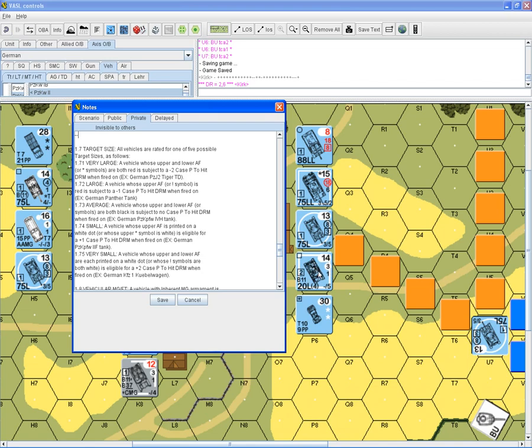And last but not least, if both of the numbers have either white circles or white stars, that means it's a very small vehicle, very hard to hit. You get a +2 to hit it.